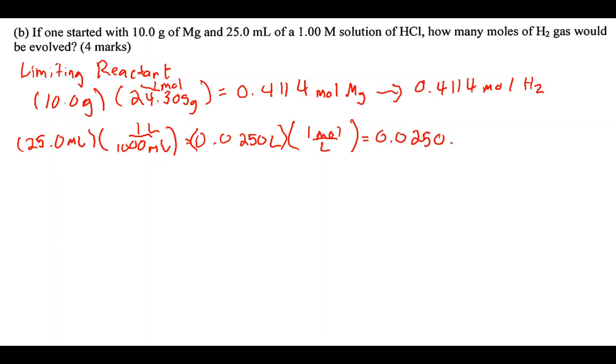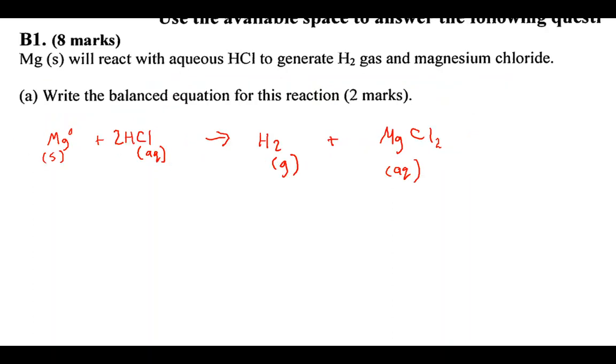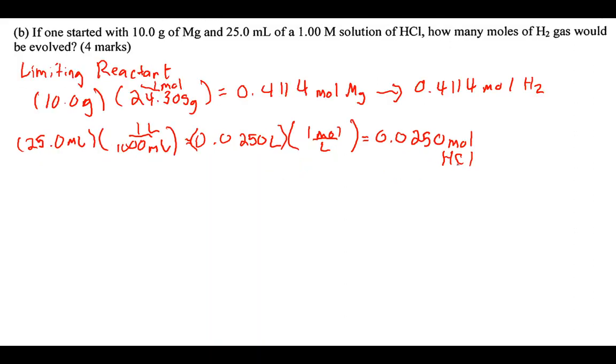0.0250 moles of HCl. How this differs from the magnesium is that the ratio of H2 to HCl is 1 to 2. So to figure out the moles of H2 we can produce, we have to convert it: 1 mole of H2 for every 2 moles of HCl.